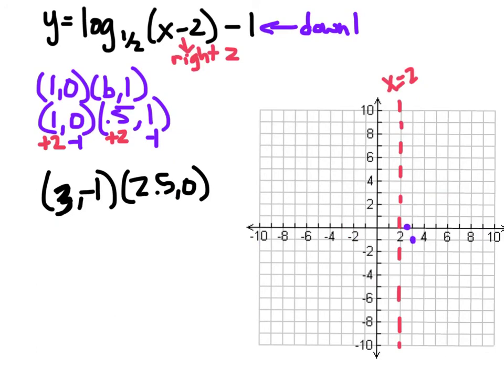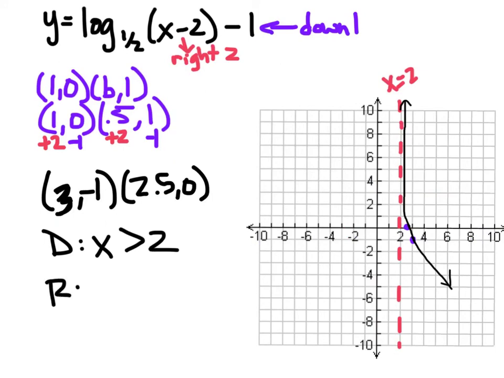Draw our curve through that. It's decreasing, so it starts high, goes low. Okay, now what's the domain? All the x's that are greater than 2. Perfect. And the range? All the real numbers.